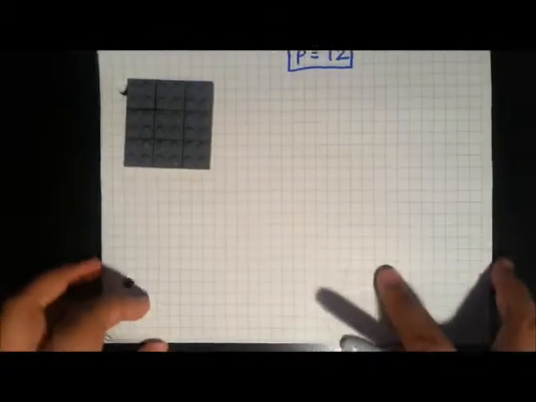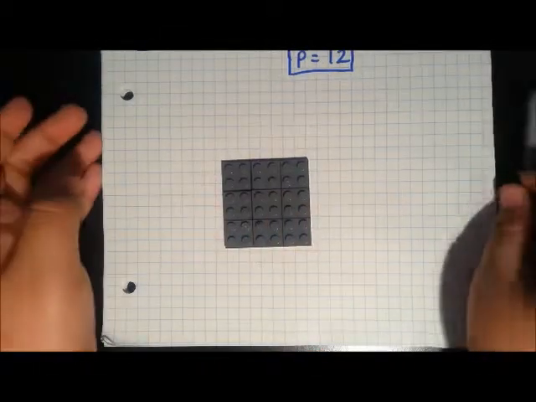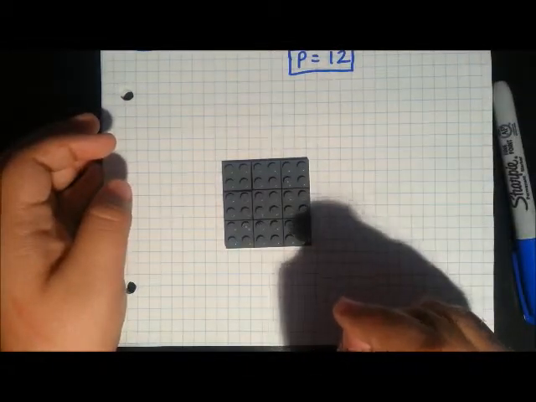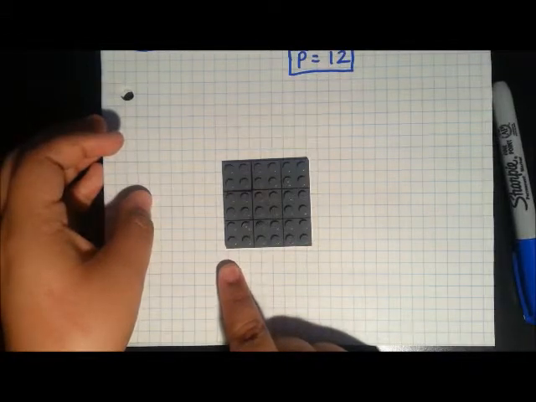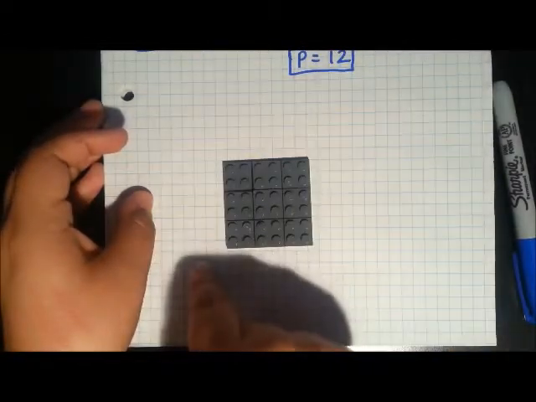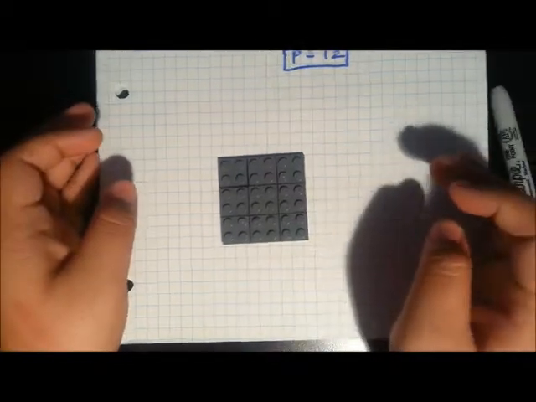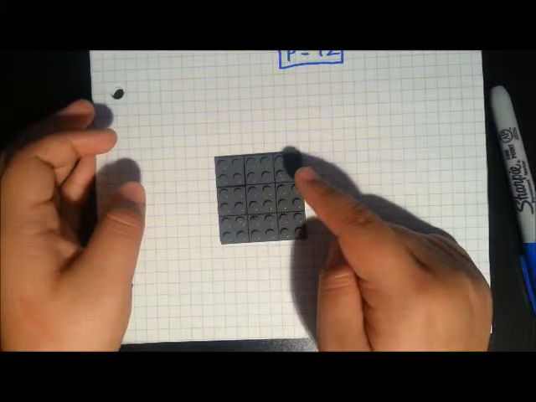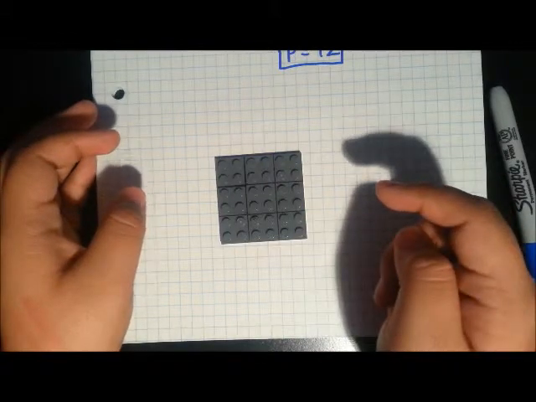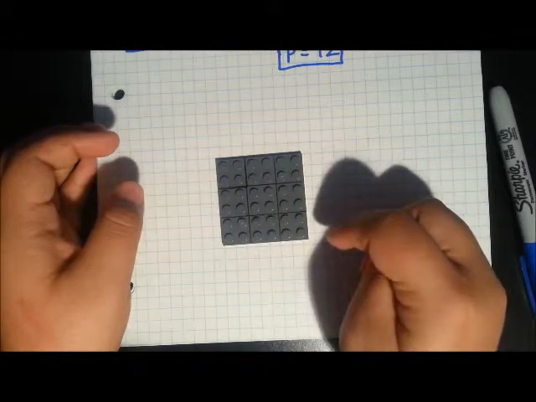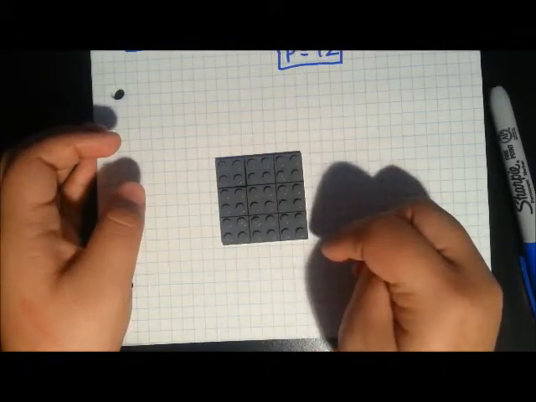And so what perimeter and area are is, the perimeter is the measurement around an object all the way around. So let's say, for example, this was a backyard and you wanted to put fencing all the way around the yard, every single way.